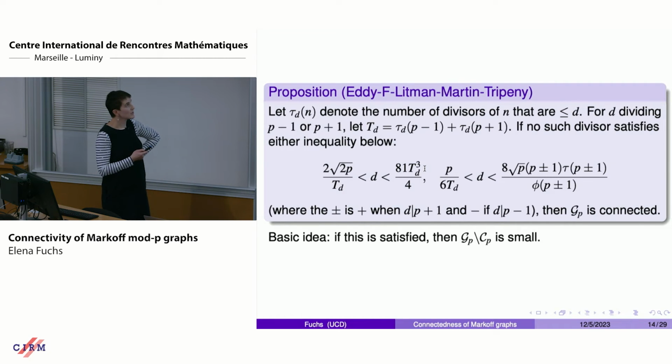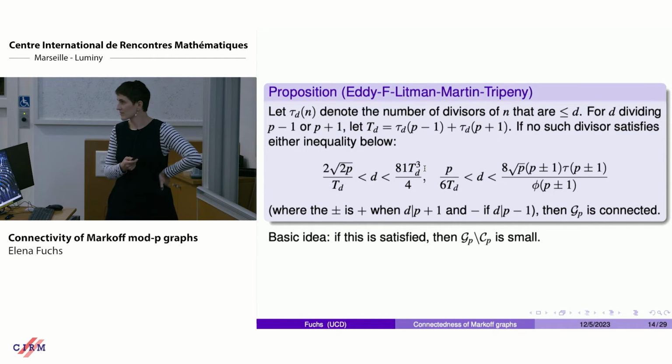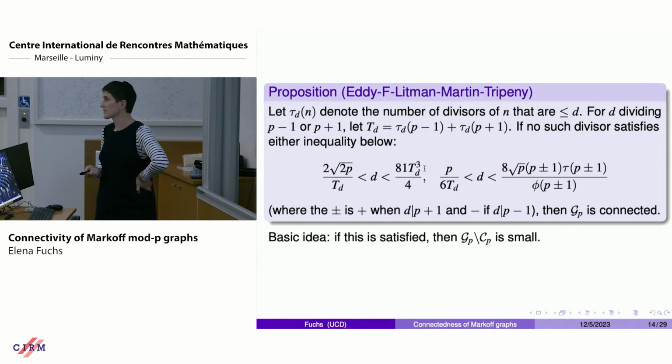And clearly, a power of log n is not going to be greater than the square root of P. So there's not going to be a divisor that's greater than that and less than that, trivially. And same here. You're not going to get this happening.